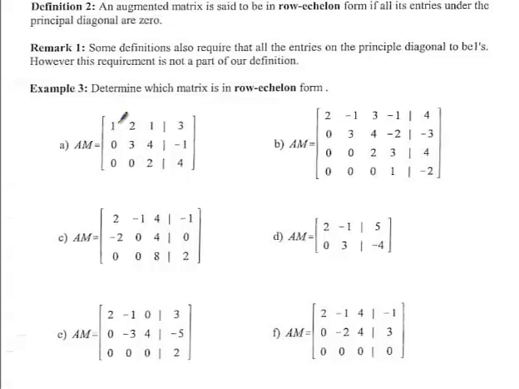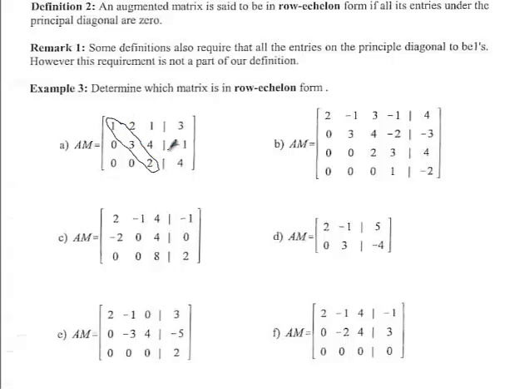So if we look at the first one, first thing you want to do is pick out the principal diagonal, and to do that for a matrix you simply start with the first element in the first row in the first column. In this case it's this 1 here, the top left corner, and then you simply go down 1 over 1. You circle the diagonal, and it ends here with the 2.